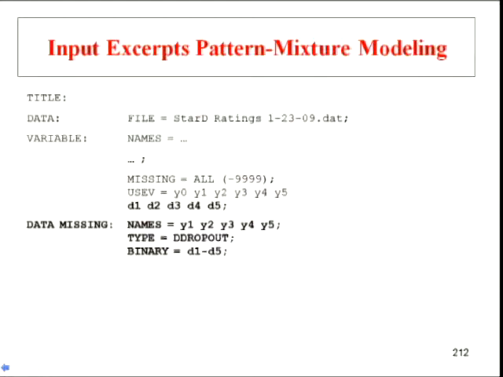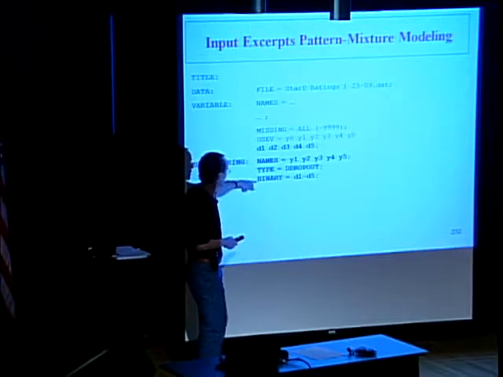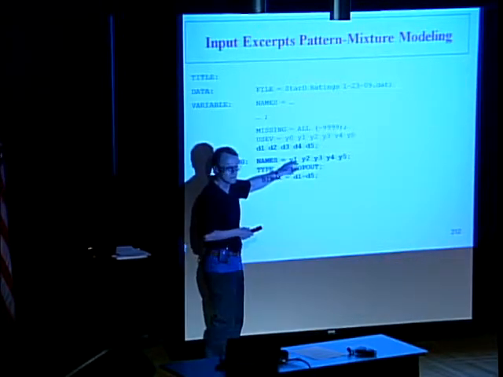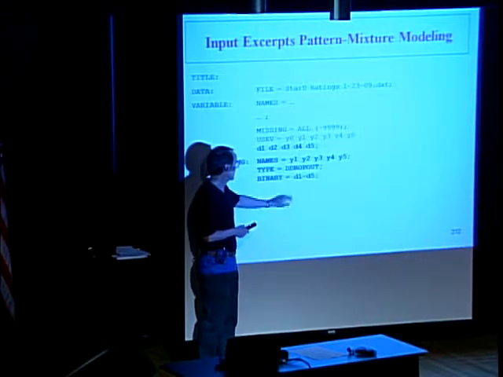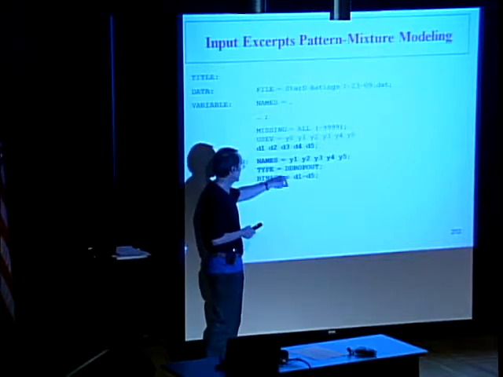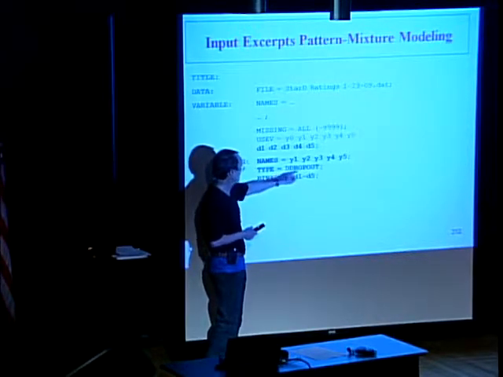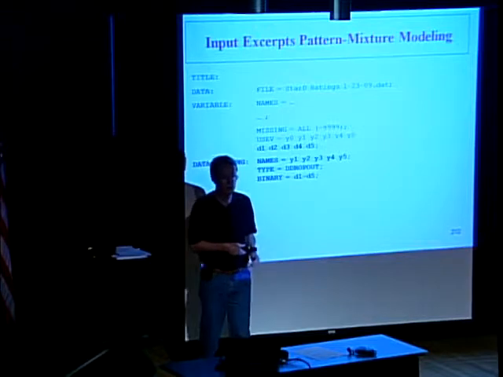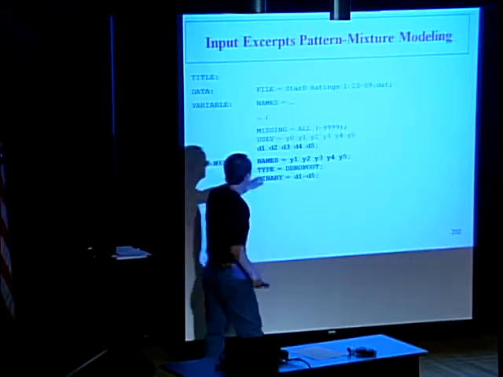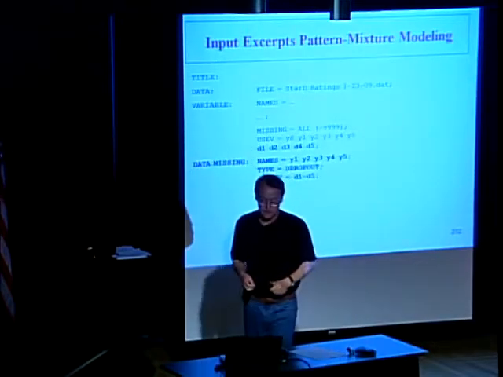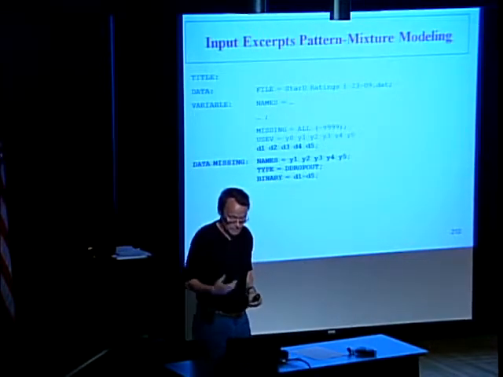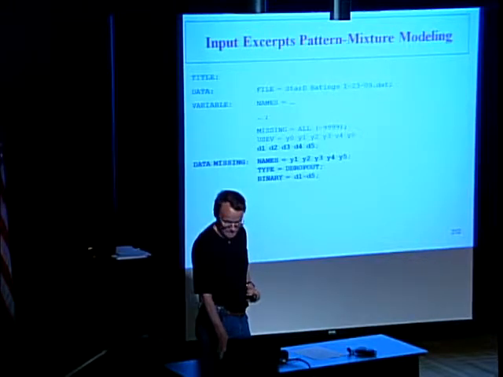We use the new version 6 feature of data missing, creating those binary variables automatically from the y's, depending on whether and when they are missing, to create these dropout indicators in the dummy dropout version, as opposed to the survival, so the D dropout like that. So S dropout and D dropout are the 2 settings, quite conveniently.